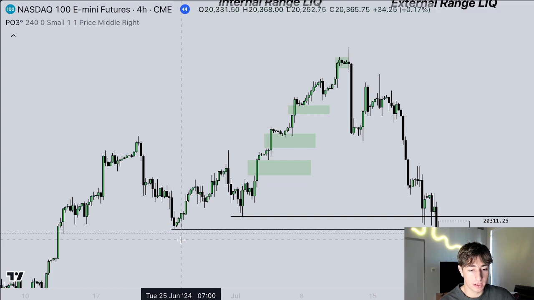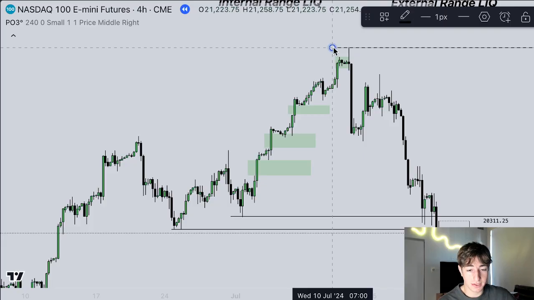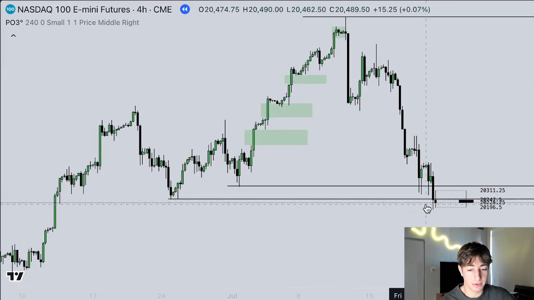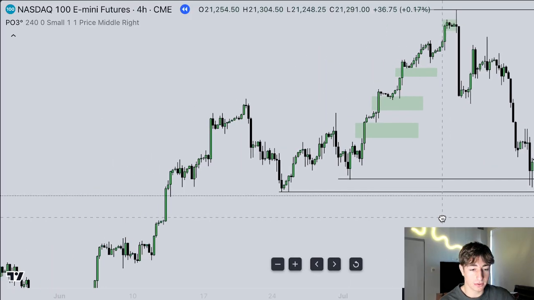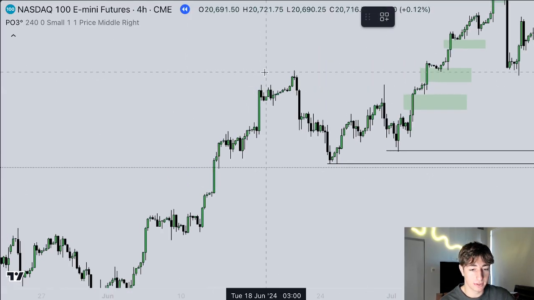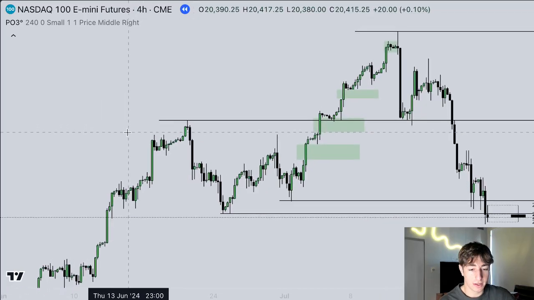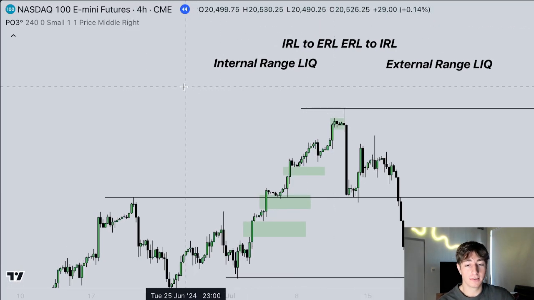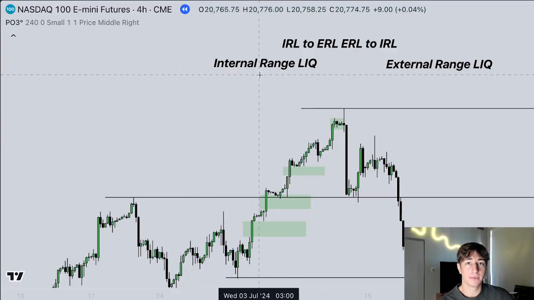So again, this is external, this is external. This is definitely going to be external right here. And eventually once this reverses, that will be external. Okay, so external, high time frame highs. Now, essentially, the way the market moves is it will find some internal range liquidity. Once it reacts off that internal, it will go and seek out external range liquidity.